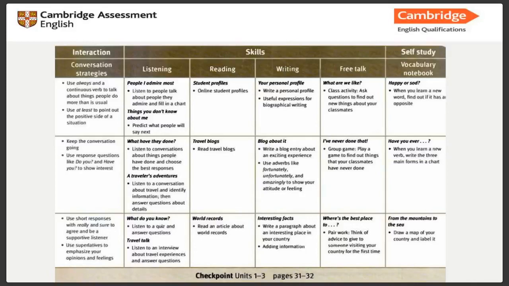Although do note the latter is labelled as free talk, and the material to be used for this is located at the back of the book. The final column is focused on self-study and covers a vocabulary notebook. Therefore, as you can see, the contents and learning outcomes for each unit are quite comprehensive, and you can see at a glance what is covered in the whole course.